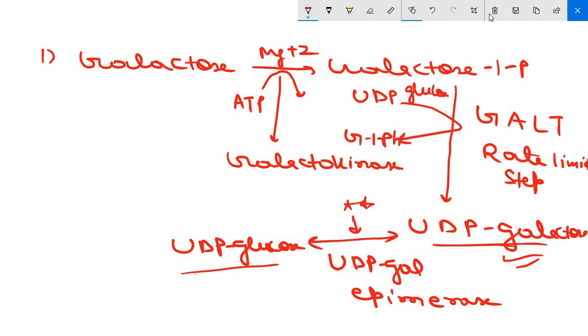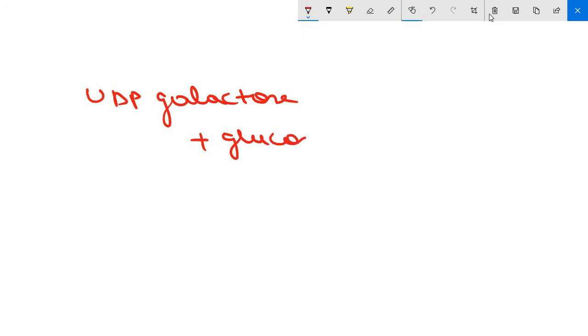Now we are going to discuss some more important points about galactose. First, galactose is necessary for lactose synthesis. UDP galactose combines with glucose to form lactose. That is why UDP galactose is important.